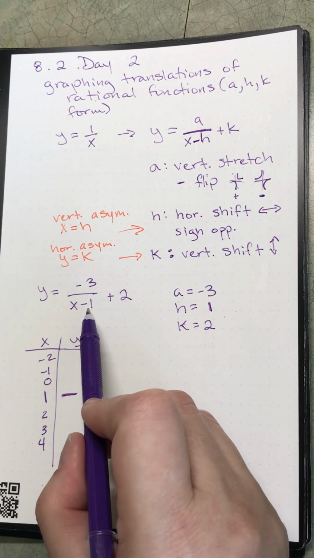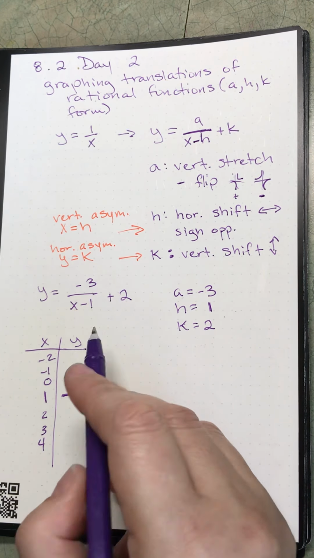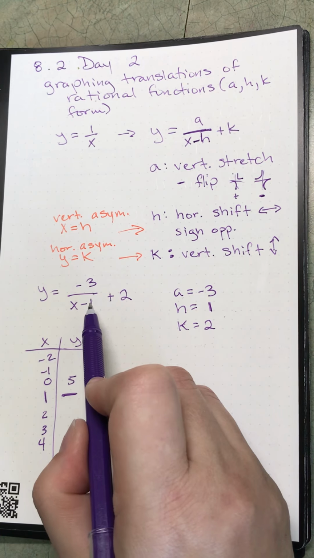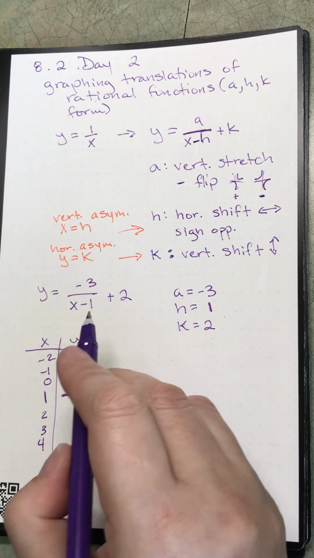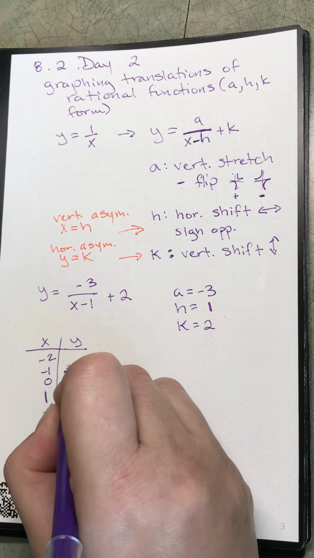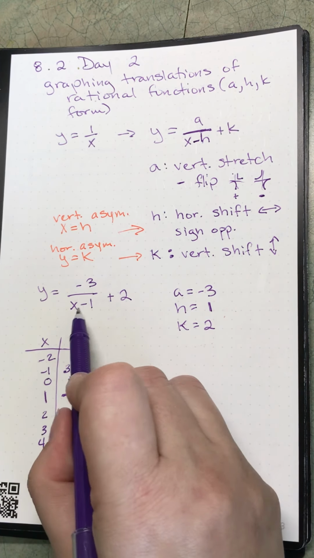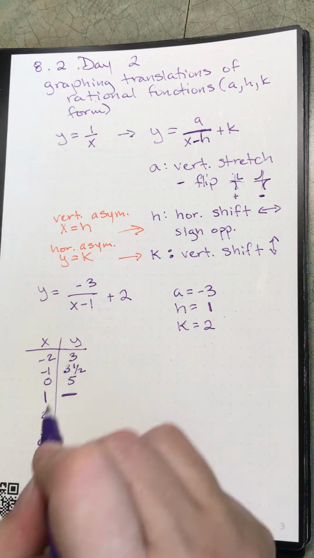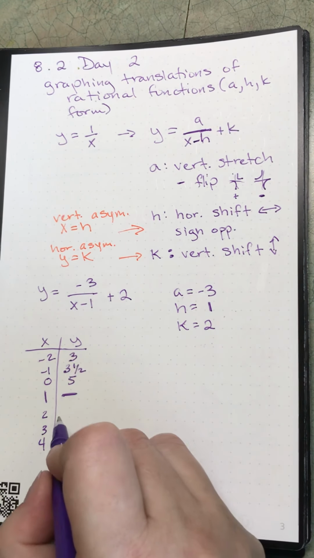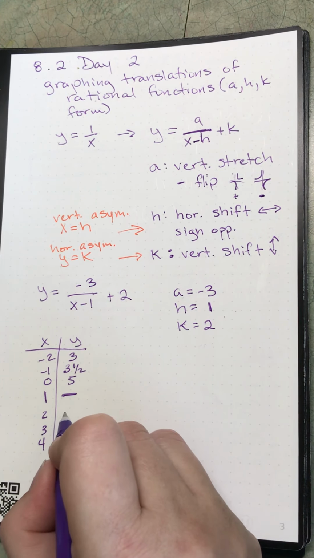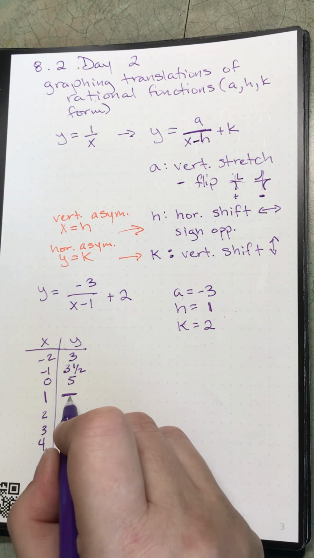So 0, negative 1, so that's positive 3 plus 2 is 5. Negative 1 minus 1 is negative 2, so that's positive 3 halves plus 2 is 3.5. Negative 3, so that's plus 1, so this is 3, okay? And then going the other direction, I can again just use that symmetry.